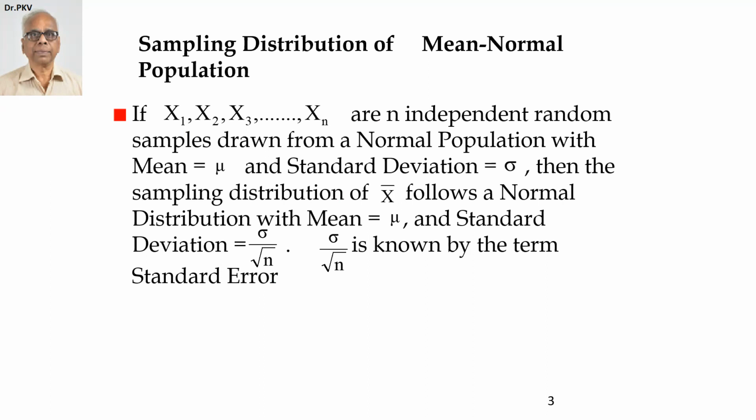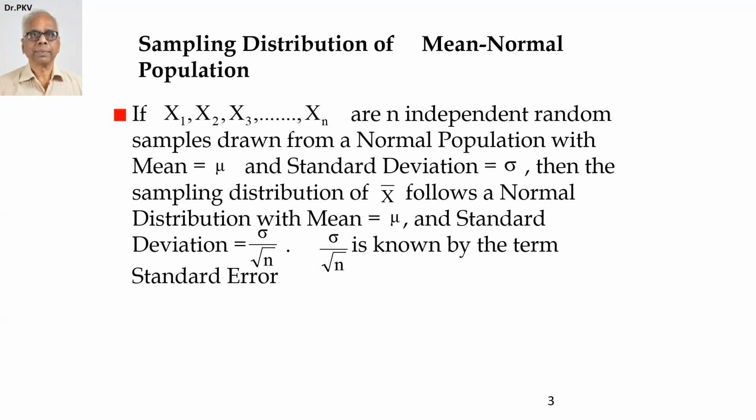So from that normally distributed population, if I draw a random sample of size n and compute the mean X bar, there are several ways and possible combinations I can have, each combination having a sample size n, and I generate a number of X bars.